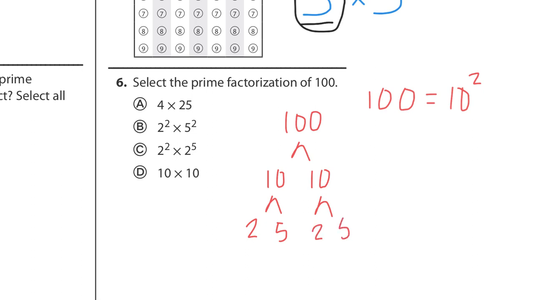So we get 2 to the second power times 5 to the second power. And that would be B.